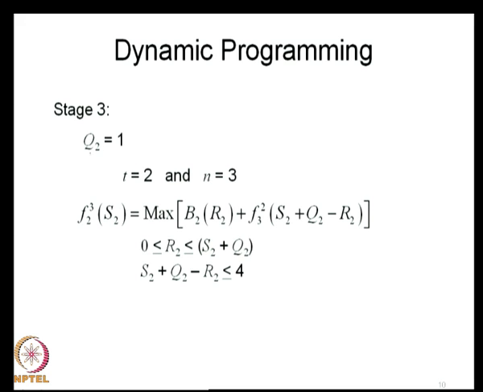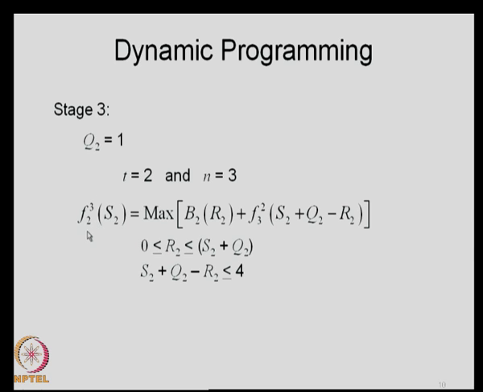So, in stage 3 we are dealing with time period t is equal to 2. So, t is equal to 2, n is equal to 3, that is stage number 3, and Q2 is given, Q2 is 1.